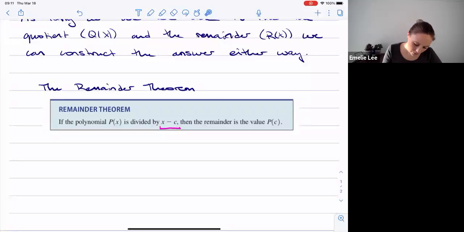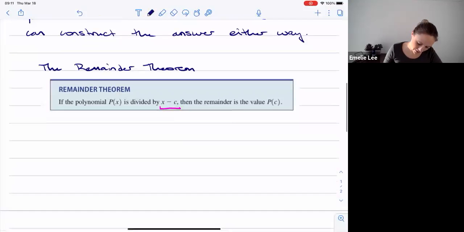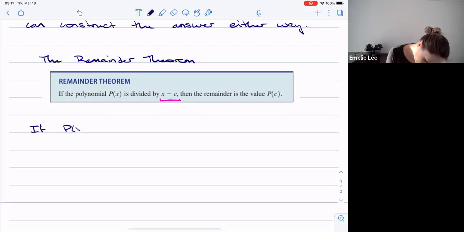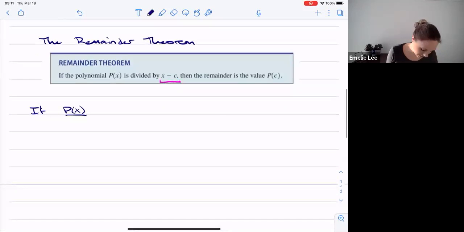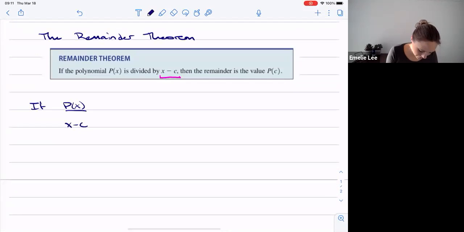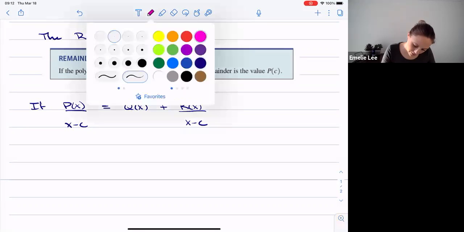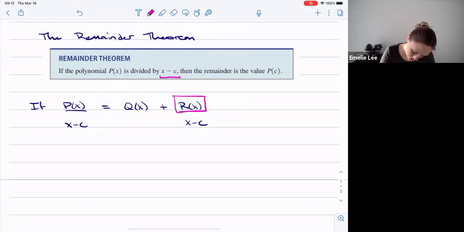Okay, so here, what this says is that if p of x over x minus c equals q of x plus r of x over x minus c, or the other version works too, the key is this guy here.